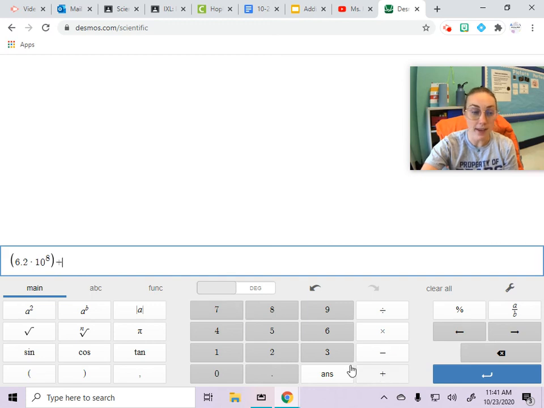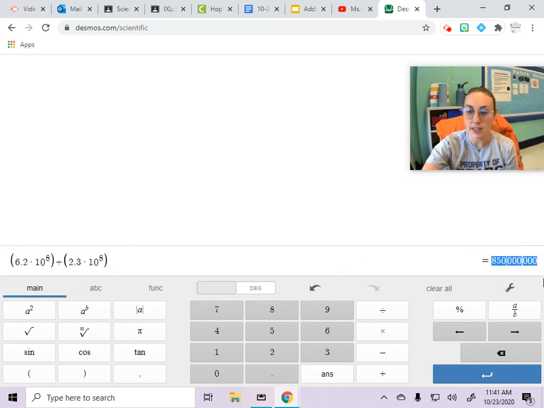And then we're going to add that by open parentheses 2 and 3/10, and we're going to multiply that by 10. This exponent button right here, we're going to add 8 again, do this little arrow, and then we're going to close that parentheses. And it gives you the answer over here, but it gives you the answer in standard form. So once the calculator gives you the answer, you still have to convert it back into scientific notation.